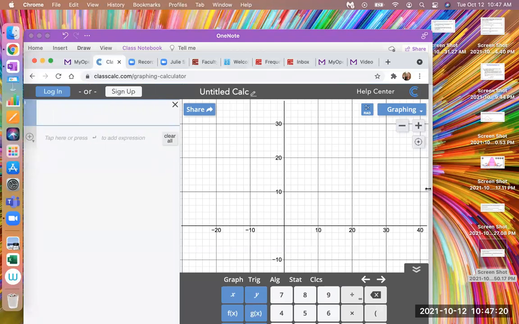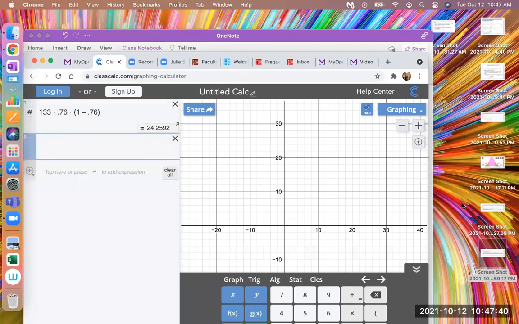So it was 133 times 0.76 times, in parentheses, 1 minus 0.76, and then I press enter. It just gives me 24.